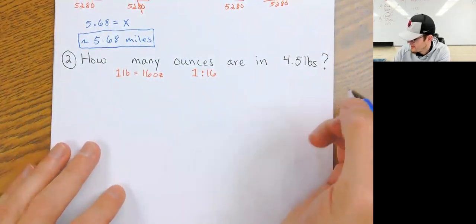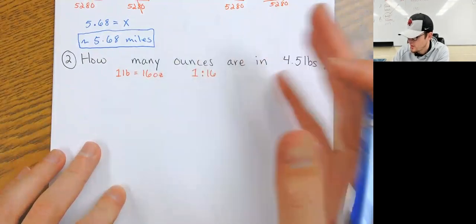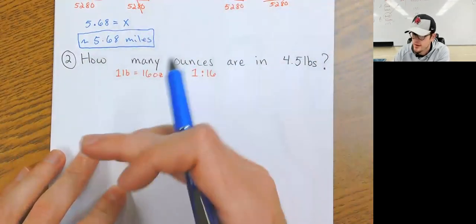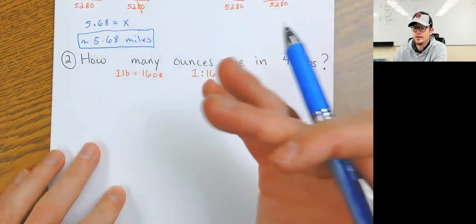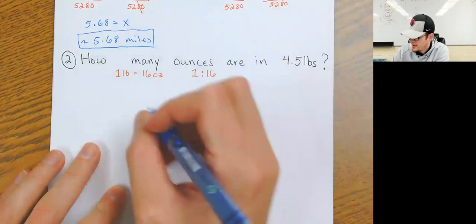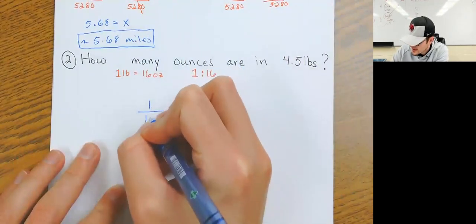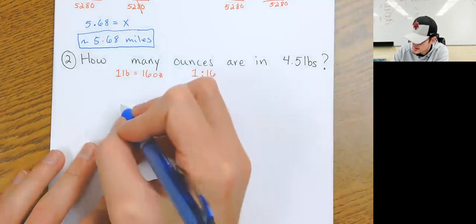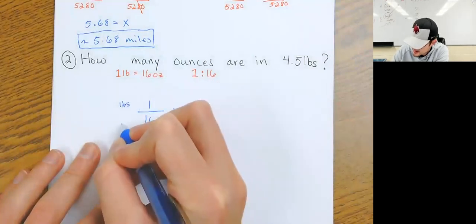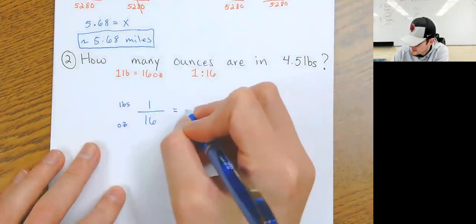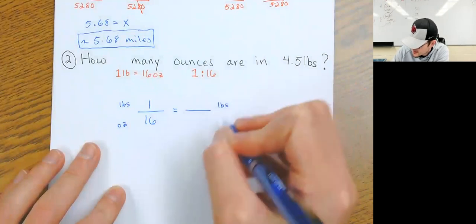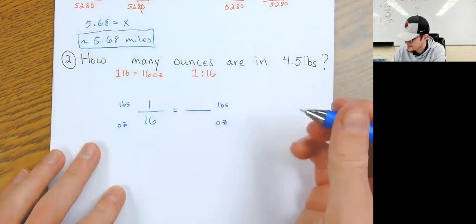So I'm going to set up my ratio. I'm going to do this just once because like I showed above, doing it either way is the same. So 1 over 16 equals, so this is pounds, this is ounces. So when I set this up over here, this should be pounds and this should be ounces.